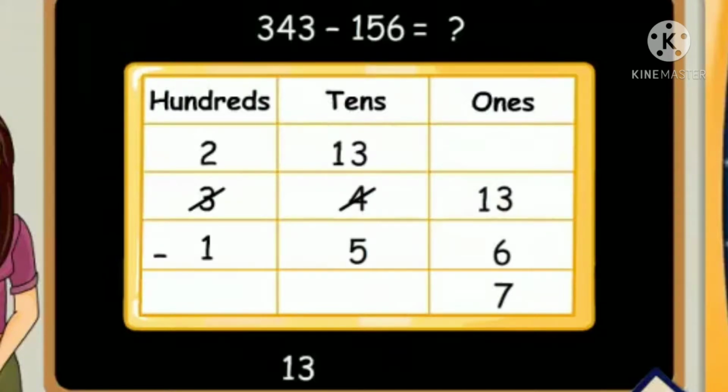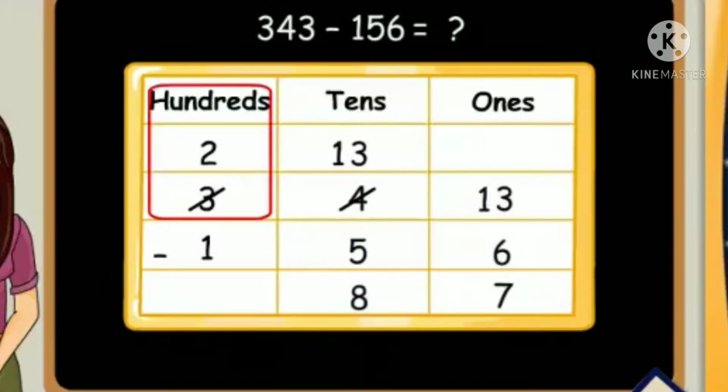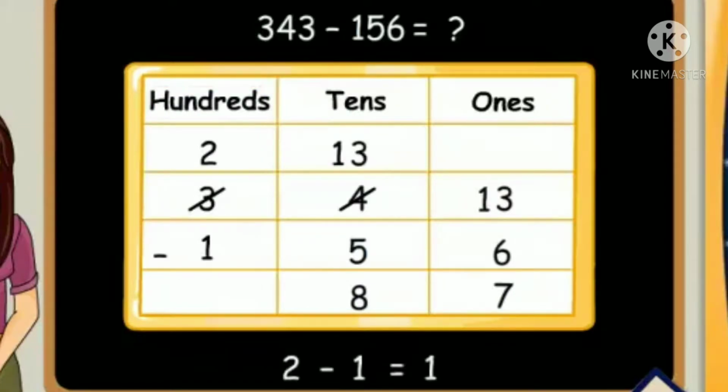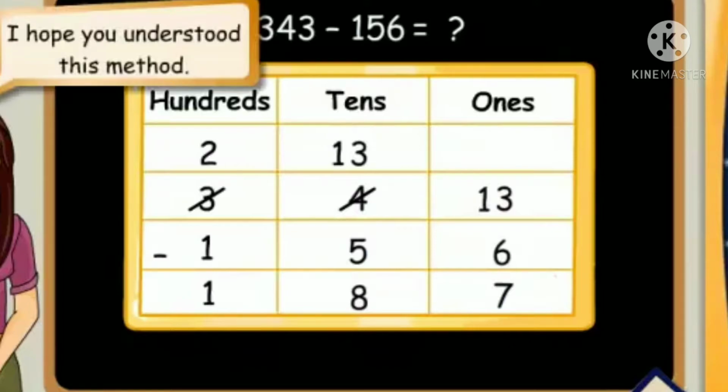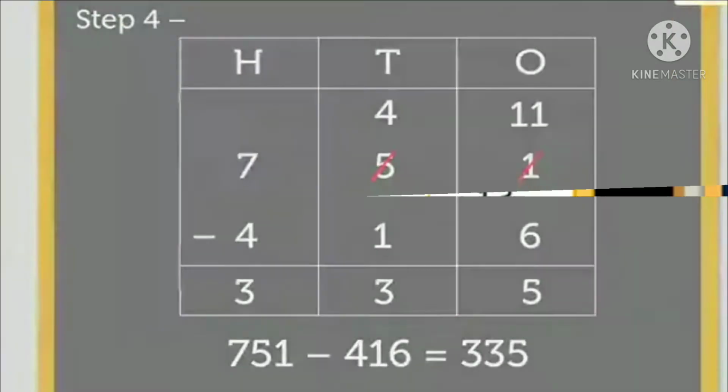Now 13 tens minus 5 tens is equal to 8 tens and 2 hundreds minus 1 hundred is equal to 1. So the difference is equal to 187. I hope you understood this method.